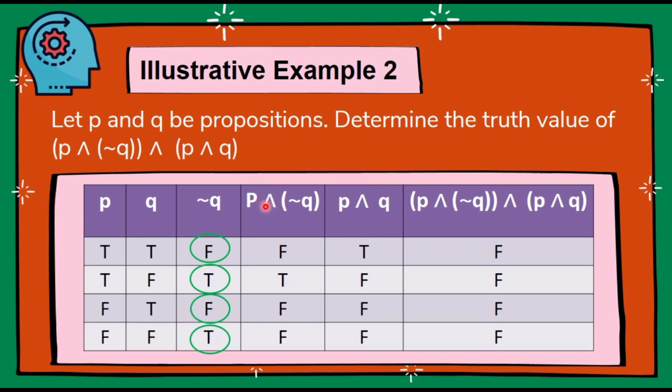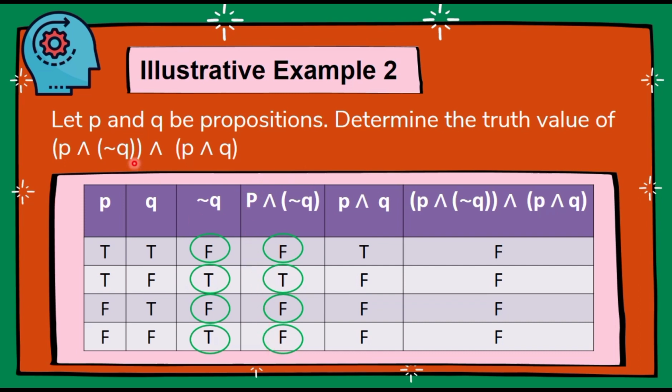So as per conjunction, makakita ka lamang ng isang false, magiging false na. So true, false, magiging false. True, true, it's true. False, false, it's false. False, true, it's false. So after that, we already have the value of P and negation of Q.